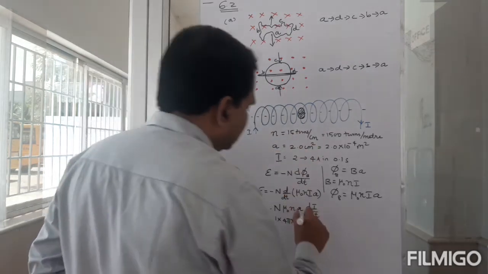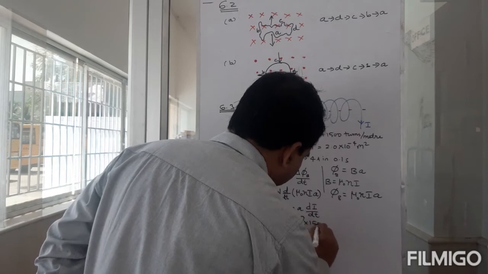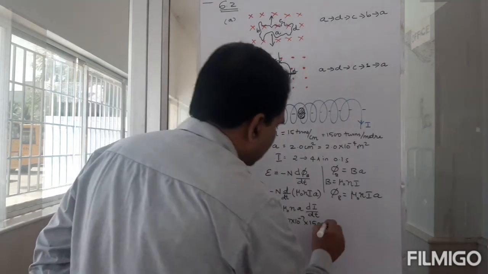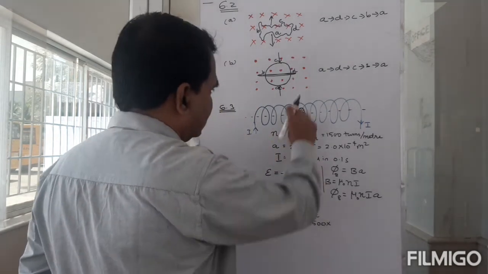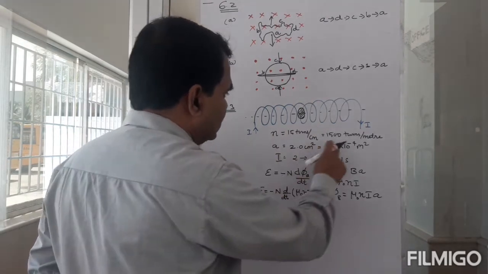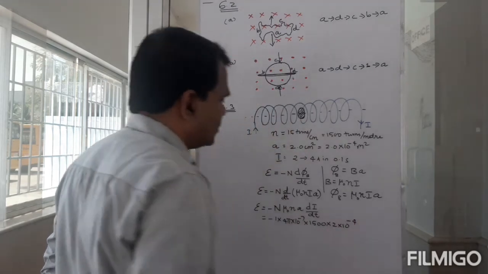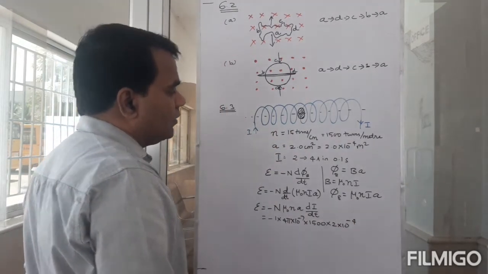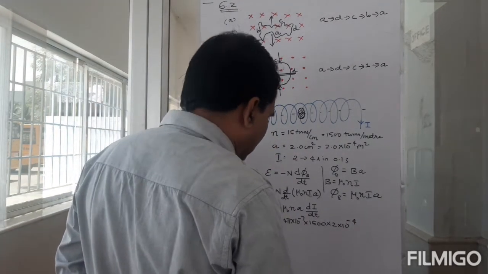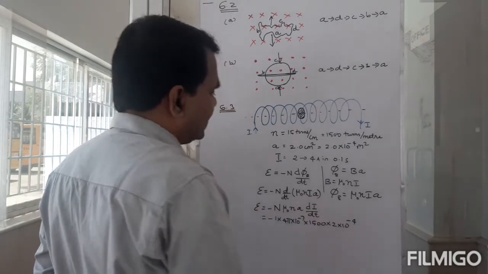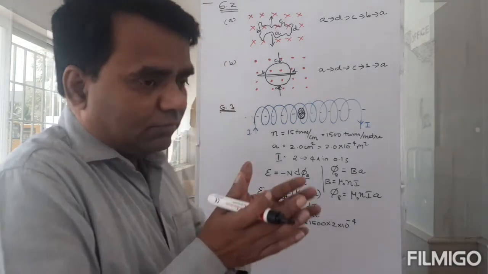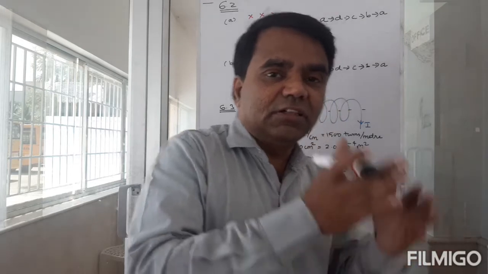And this n is 1500, multiplied by the area of this coil, 2 into 10 power minus 4, and dI by dt, the rate of change of current.